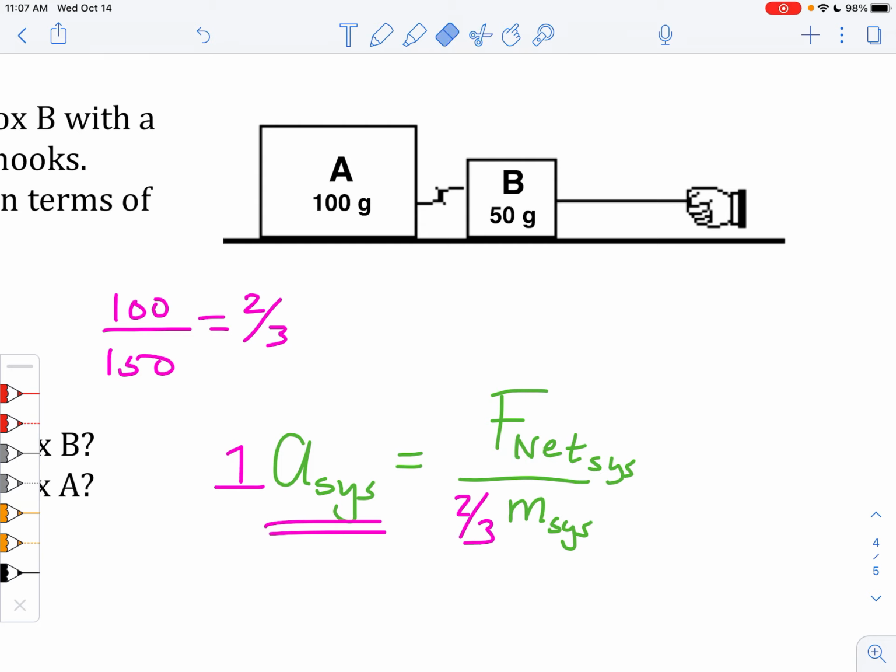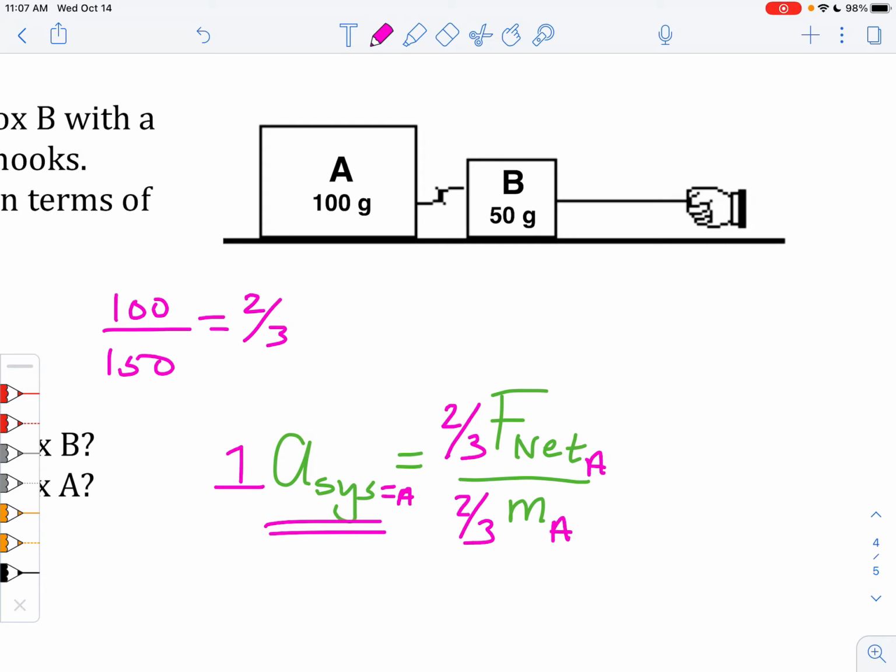Now this is going to be mass of A and F net on A. If the acceleration of A is still the same as the acceleration of the system, those are the same. Now our mass has gone down by 2/3, so our net force, in order to keep the same acceleration, has to go down by 2/3 as well.